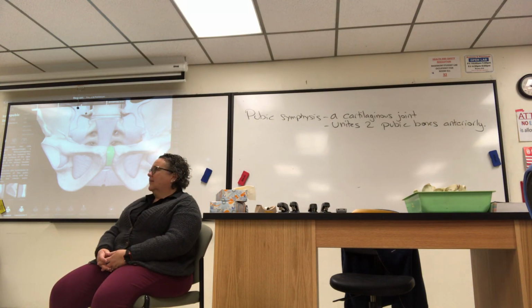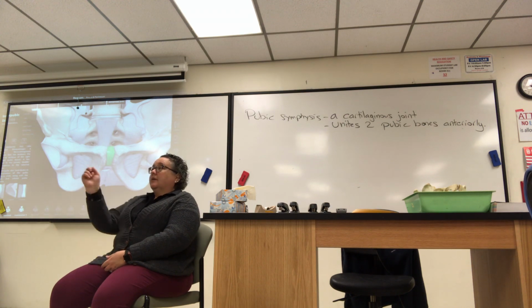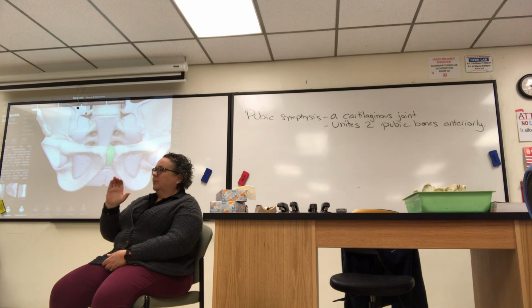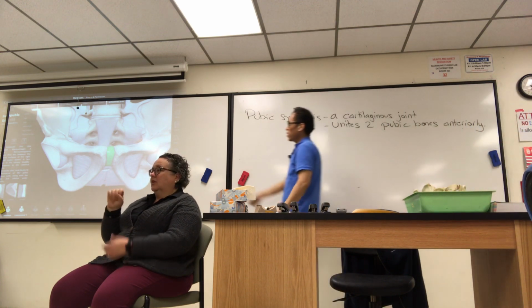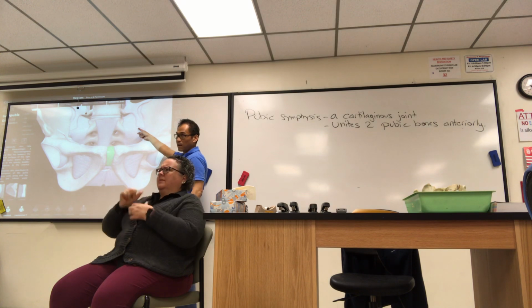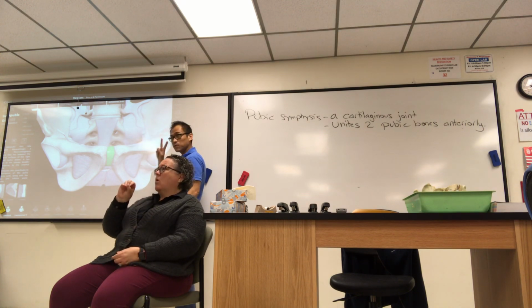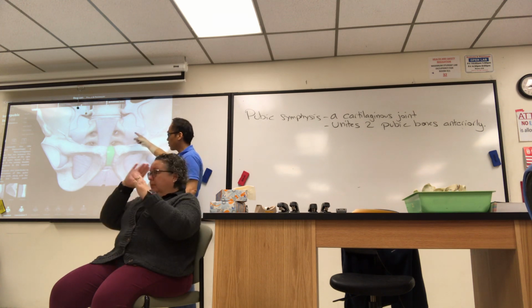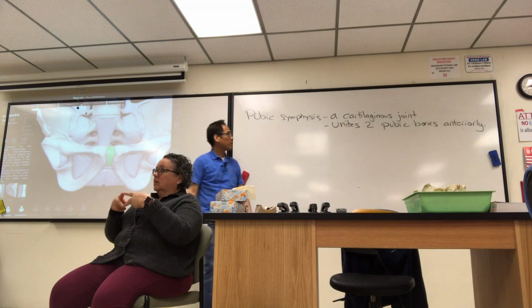Okay, so know that the pubic symphysis joins the pelvis anteriorly, but what's the name of the joint back here that unites the pelvis posteriorly? Sacroiliac joint. So those are the two joints of the pelvis you're expected to know: the sacroiliac joint posteriorly and this joint anteriorly.